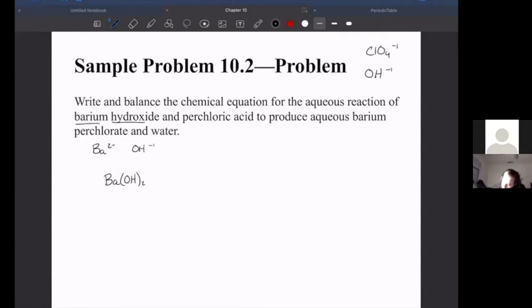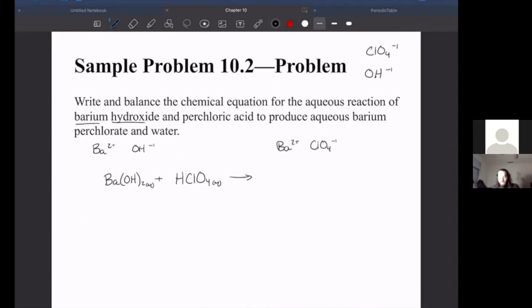Perchloric acid, again, I would forgive you if you didn't know. Perchlorate is ClO4 minus 1. And it says that this is an aqueous reaction. So this is aqueous, and they're going to form barium perchlorate. So now we have to make Ba and ClO4 minus 1.